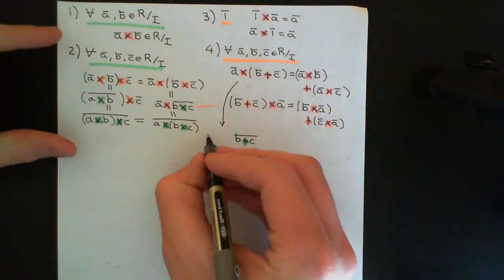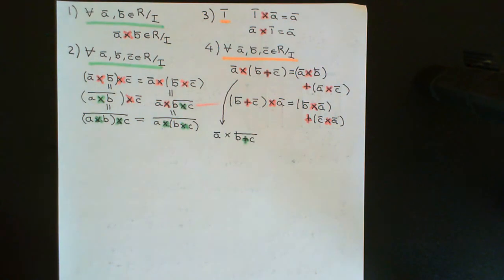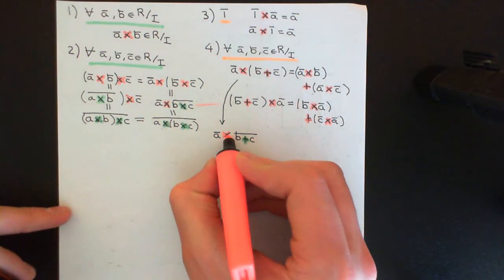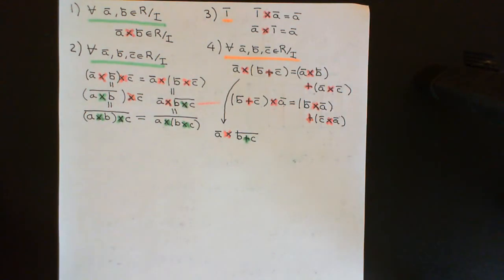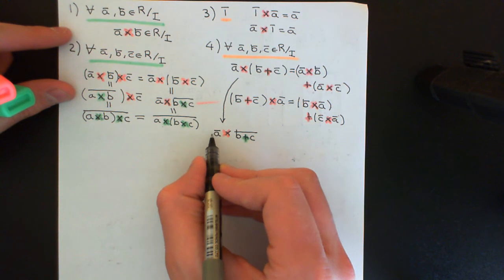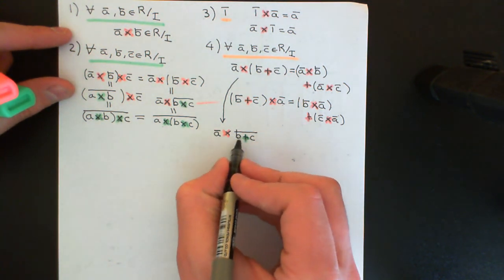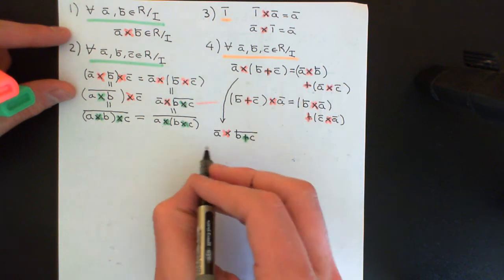Then what we want to do is multiply a bar with that coset that contains b plus c. So this is still multiplication in the quotient ring here. And the way that we'll do that is we'll take a from the initial ring, which we'll use as our representative from a bar, and we'll multiply it by a representative from this coset, and of course we'll pick as our representative b plus c.